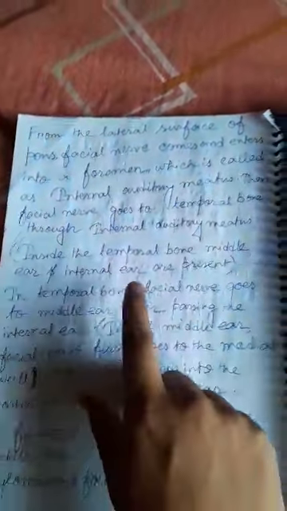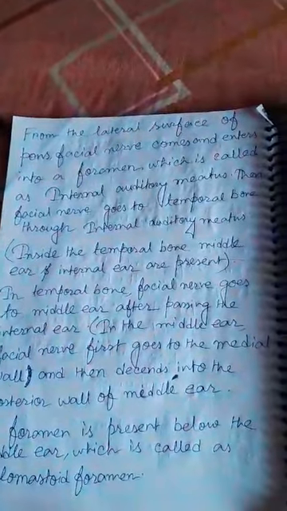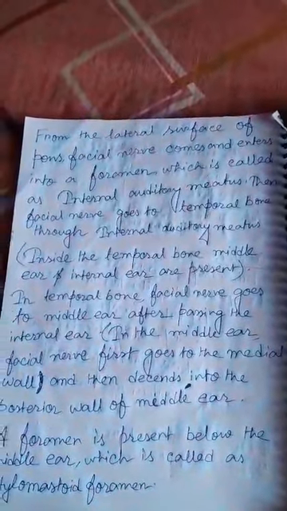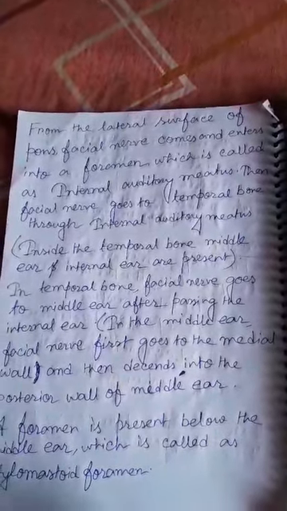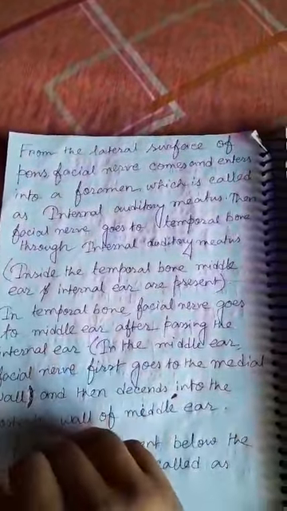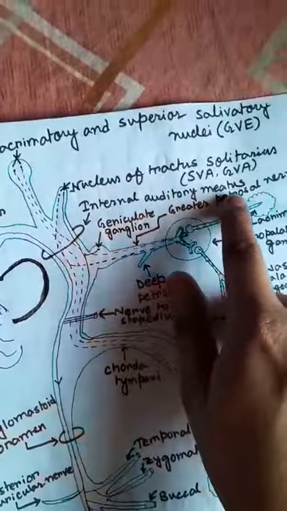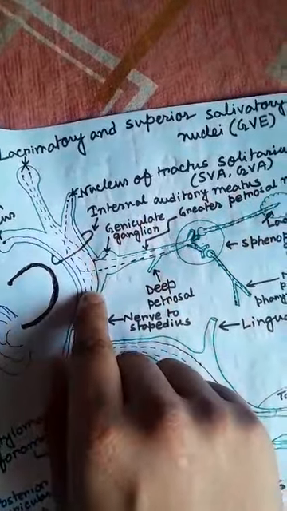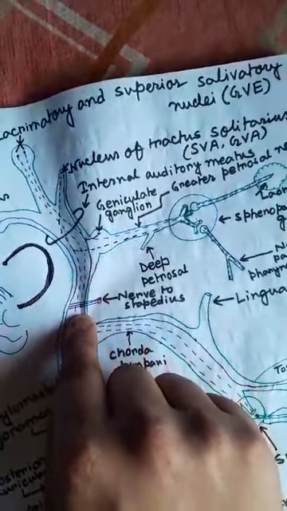Okay. Inside the temporal bone, the middle ear and internal ear are present. We should know this. In the temporal bone, the facial nerve goes to the middle ear after passing the internal ear. First of all, after crossing the internal auditory meatus, it goes to the internal ear, then to the middle ear.